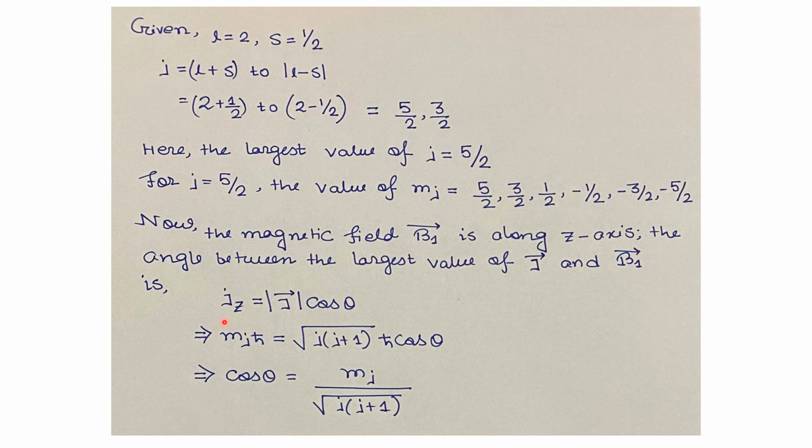Now the value of this Z component of total angular momentum vector is Mj times h cut, and the magnitude of total angular momentum vector will be root over J into J plus 1 times h cut, and here this cos theta is coming due to the projection. So the cos theta is Mj by root over J into J plus 1.